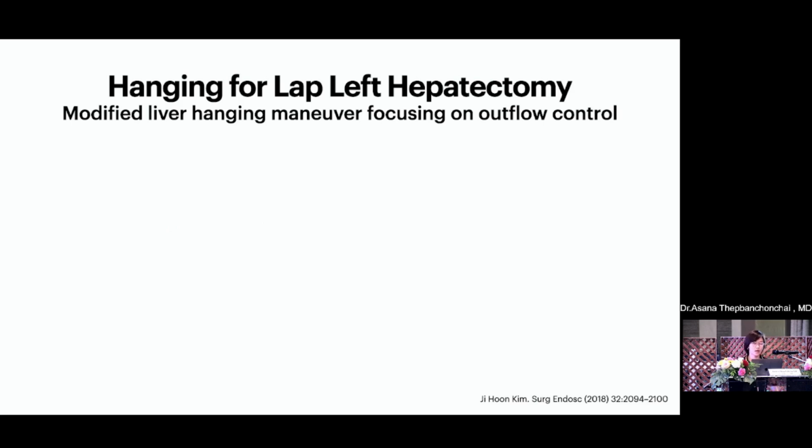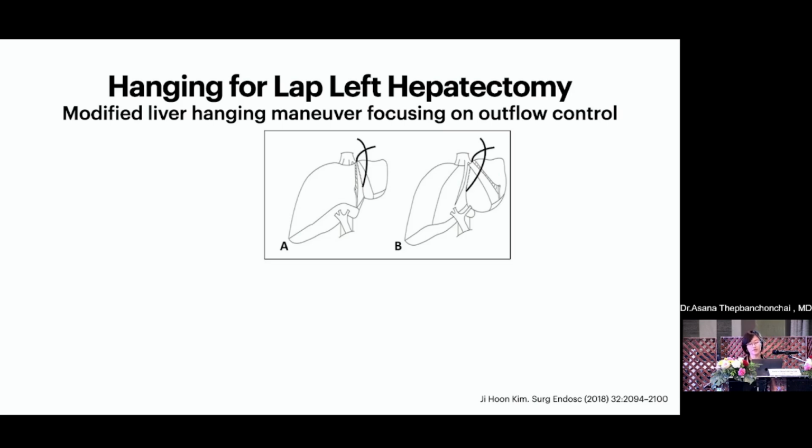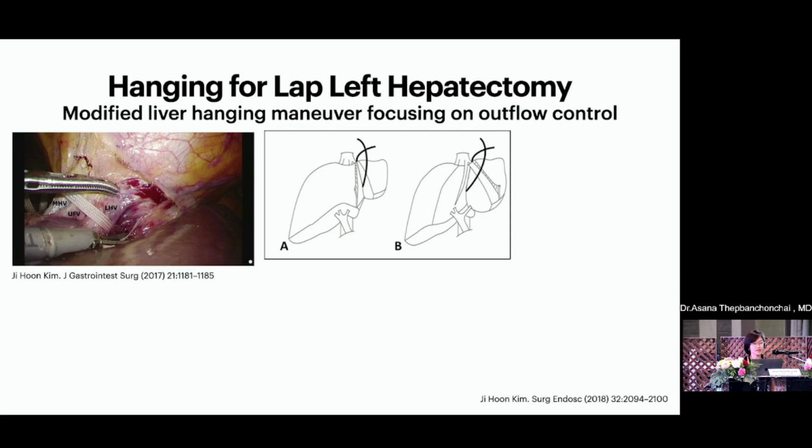According to Professor Kim's publication, after dissection of the left triangular ligament, he proposed to create only a centimeter hole on the left side of the left hepatic vein. We could insert the hanging tape into this hole lateral to the aspect of the left hepatic vein.